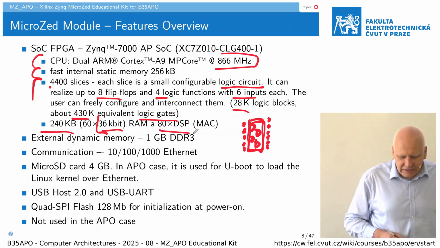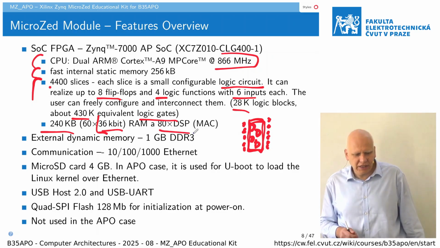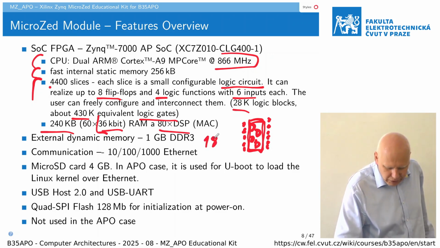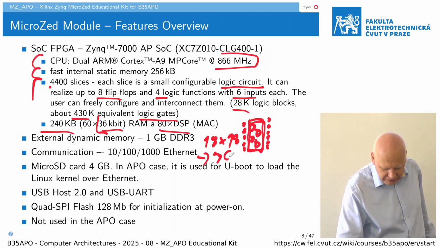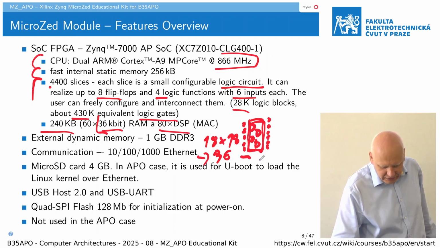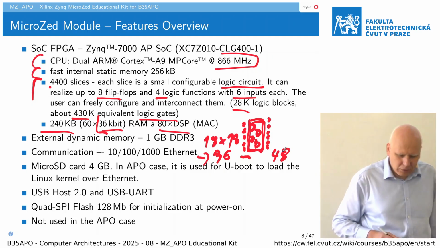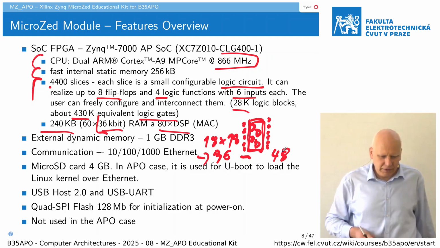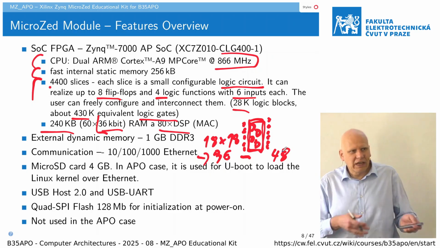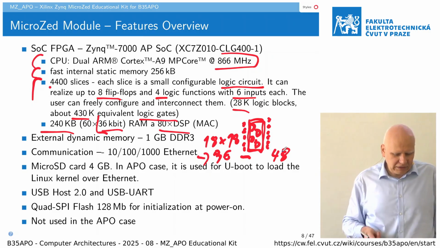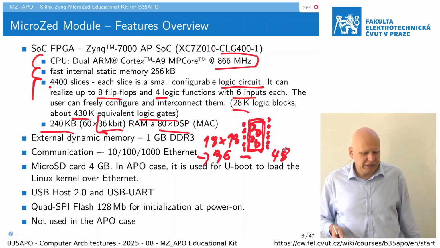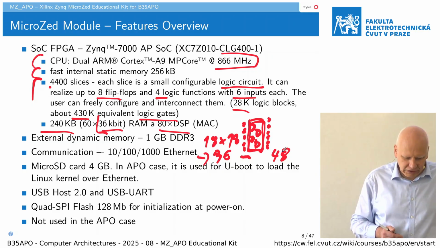There is 80 DSP blocks which can multiply two 18-bit integer inputs with 36 output bits, and it can be sum added together to 48-bit accumulator, and you have 80 of such blocks inside the chip, so you can combine them and build a pipeline specific for some specific processing.